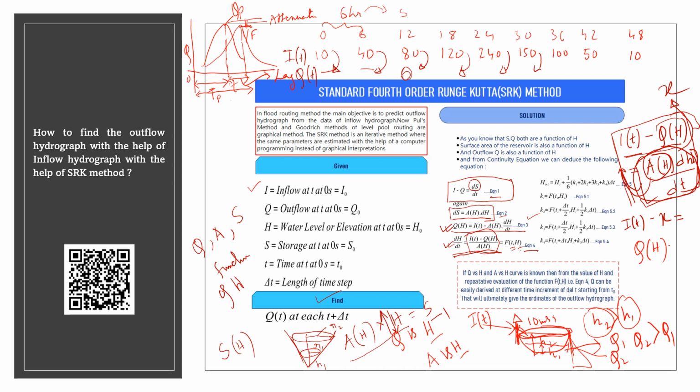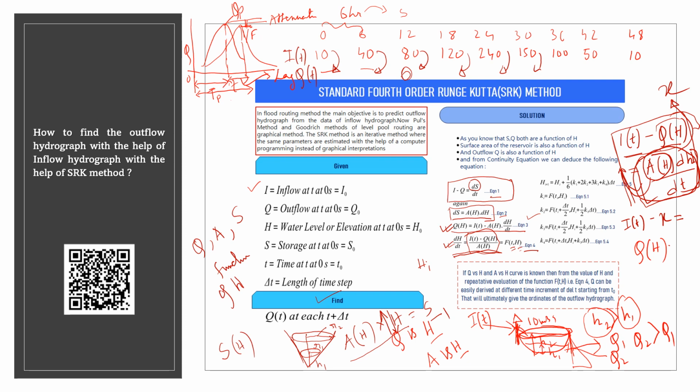Now what this RK method says is, if that is the case, then the water elevation at the next time increment or next step, if the current step is Hi, then Hi plus 1 will be the next step or next iteration. As I have said, RK is an iterative method. So if i represents the current iteration, then i plus 1 represents the next iteration.